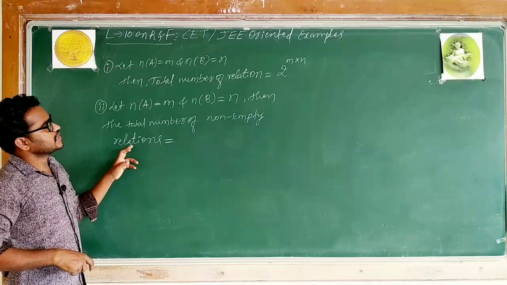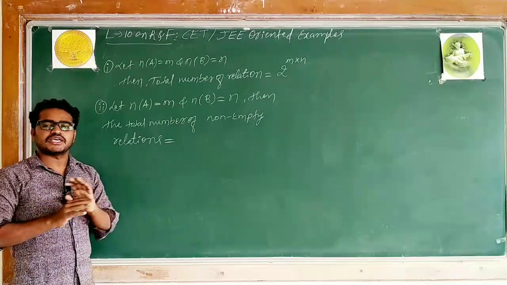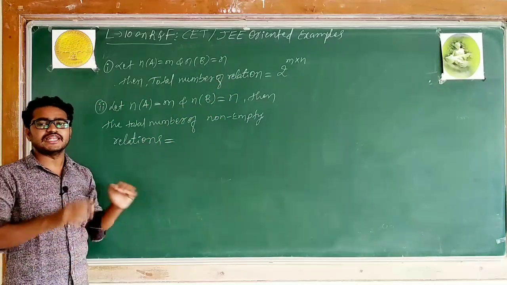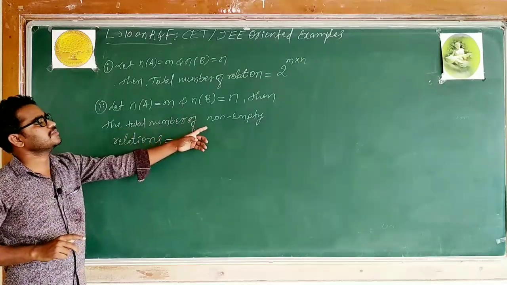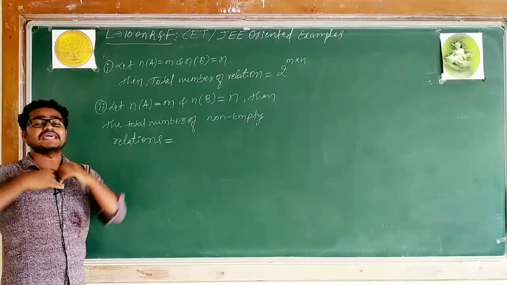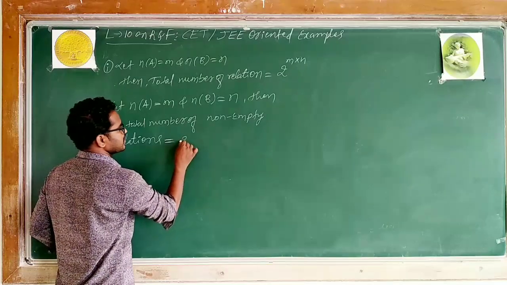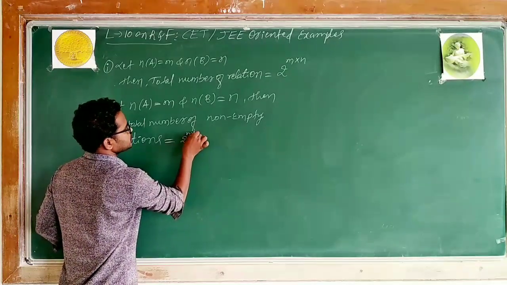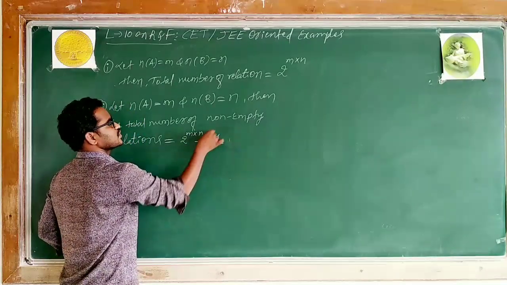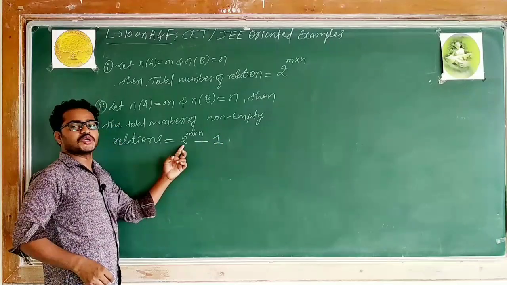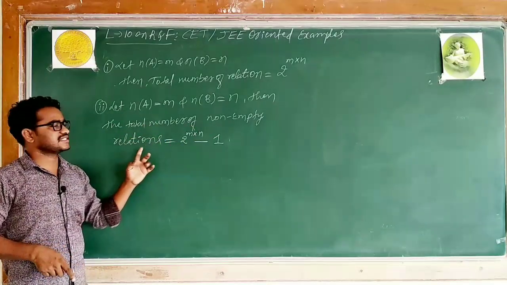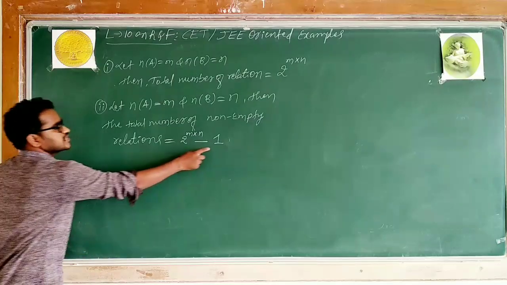Here he is asking that it should not be empty, so excluding the empty relation, 2 to the power m into n is the same, but I will eliminate one relation. Which one? The empty relation, because he is asking for non-empty relations. So the formula is 2 to the power m into n minus 1. The minus 1 is the empty relation eliminated from the total number of relations. In that case you get the total number of non-empty relations, leaving out one relation, the empty relation.